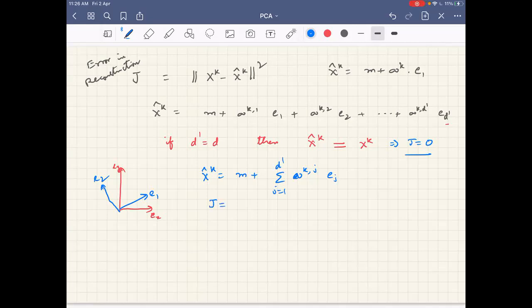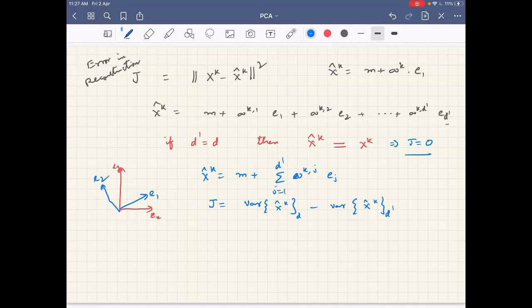As I said, considering the statistical approximation of the error, that is the variance of the reconstructed sample when considering all d dimensions, versus the variance of the samples when we consider projecting onto only d dash dimensions.